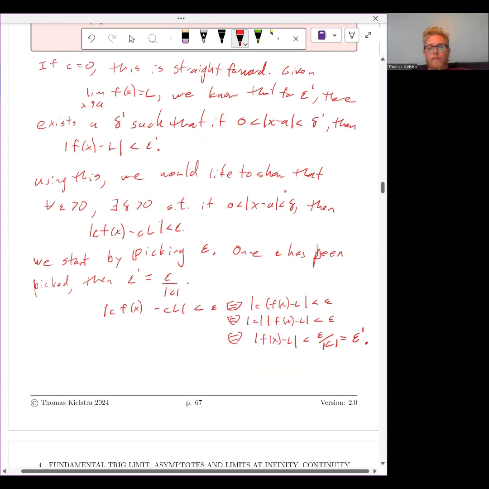Okay. Well, as the limit as x approaches a of f of x equals L exists, we know that there exists a delta greater than 0, such that if 0 is less than the absolute value of x minus a, which is less than delta, then the absolute value of f of x minus L is less than epsilon prime.